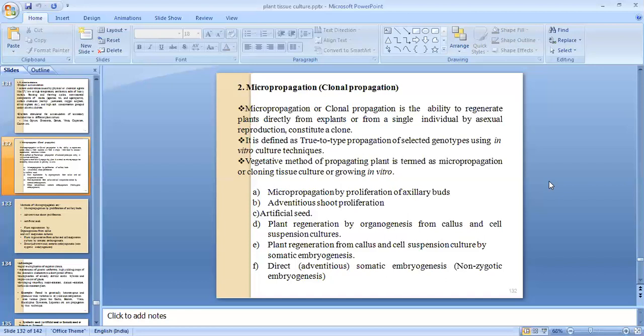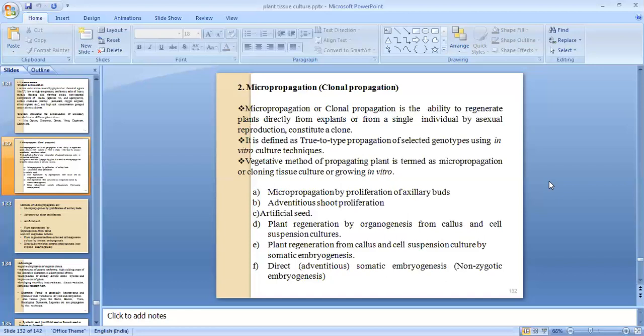Micropropagation is the cloning of tissue culture or growing of cells by the in vitro method, that is outside the natural environment. You are providing everything and you are developing the multiples of the original cell, which you are using as an explant. That is called as your micropropagation.